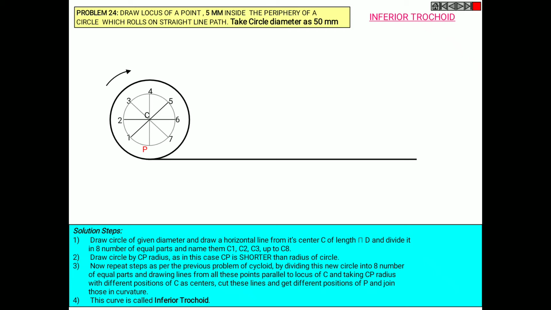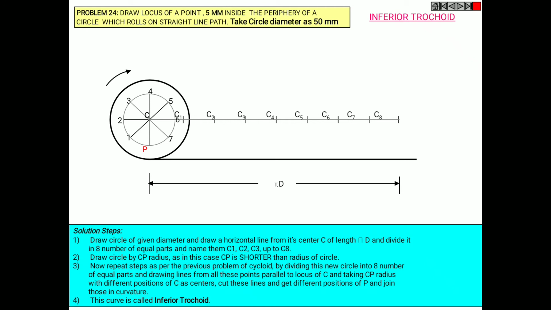And now from the center C, extend a horizontal line of the length of the circumference of the given circle, which is pi d. Divide this line also into 8 equal parts and mention the points as C1, C2, C3 and so on up to C8.